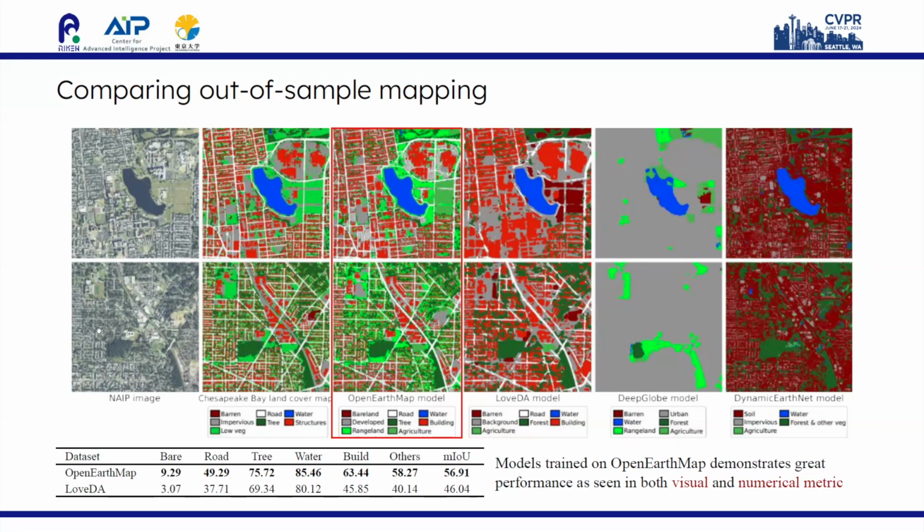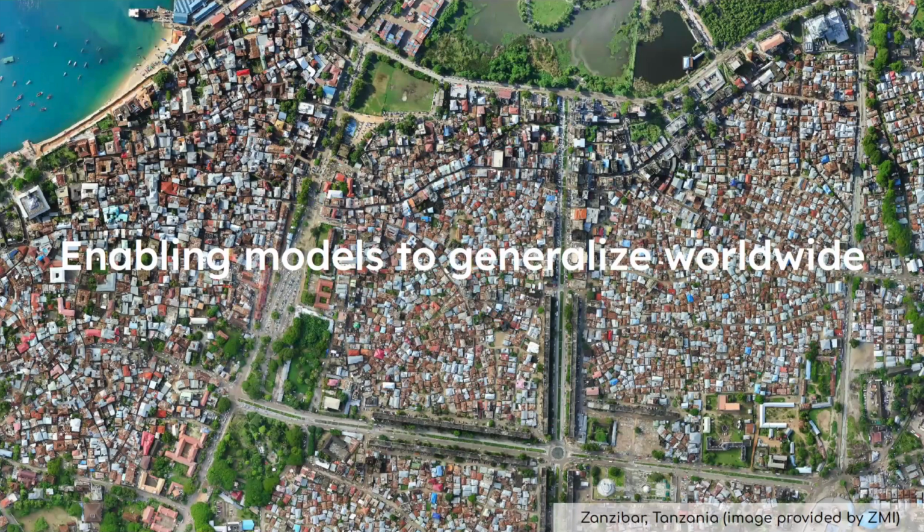This one is a natural image in the US, an agriculture image. We tried it on different benchmarks in remote sensing, and you can see that the model trained on our benchmark really performed well. It was able to do better compared to other benchmarks in this field. This shows that a model trained on our benchmark can generalize to a global perspective.